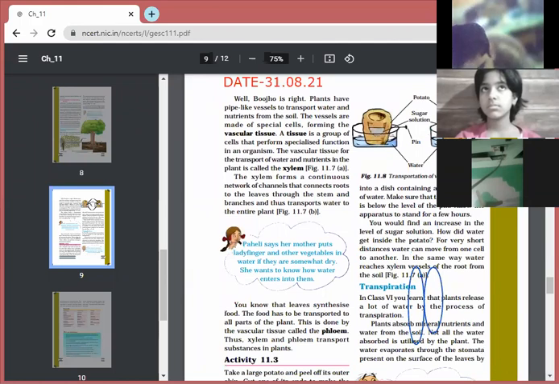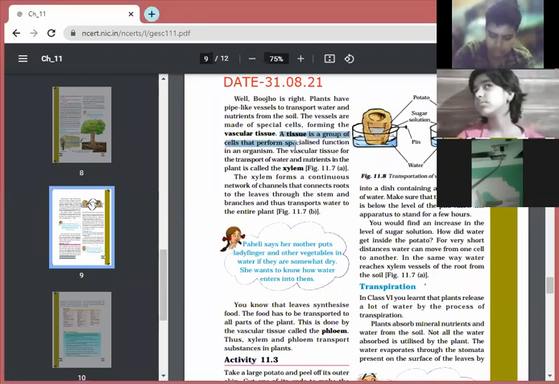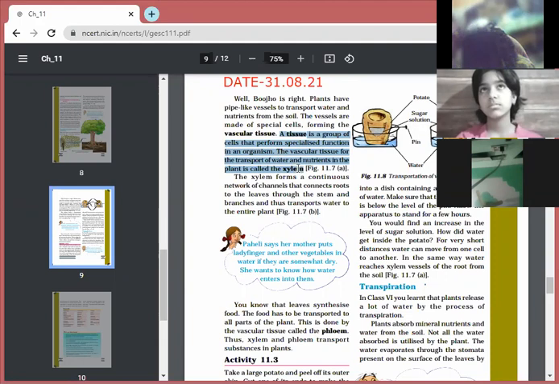Now, tissue is a combination of cells. When cells combine, a group of cells is known as a tissue. So you may underline here that a tissue is a group of cells that performs a special kind of function. And the vascular tissue for the transport of water and minerals in the plant is known as xylem. Children, kindly underline it, it's very, very important.